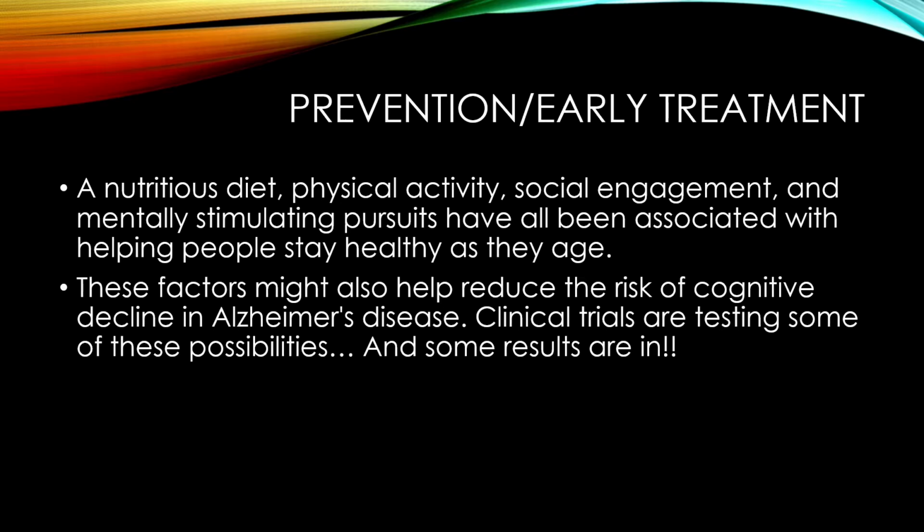And of course, with COVID out there, social distancing doesn't help. I'd really like to see what Alzheimer's will look like in the next few years. Also, any type of mentally stimulating pursuits have been associated with helping people stay healthy as they age.